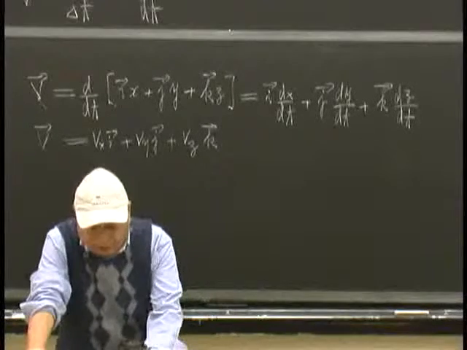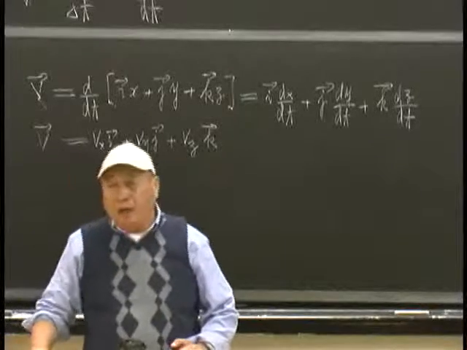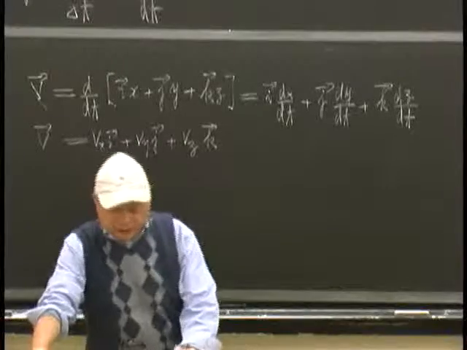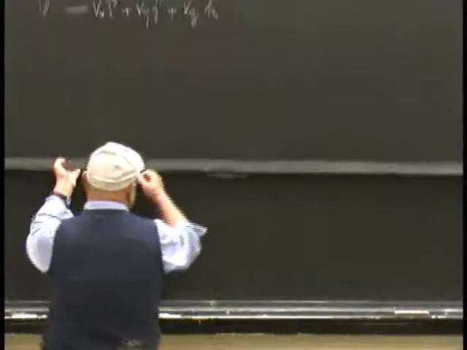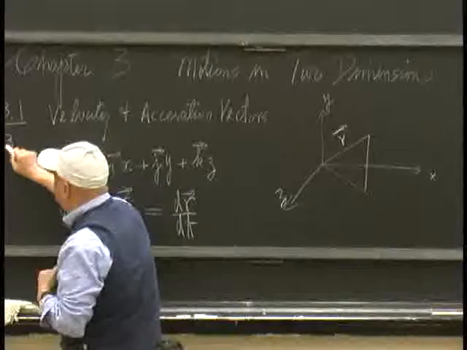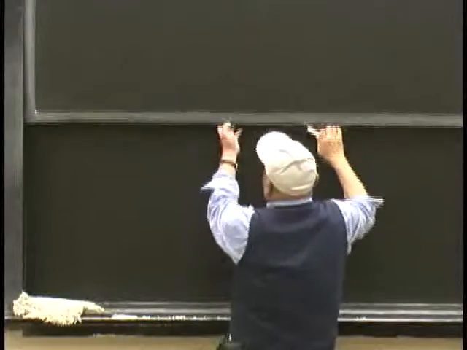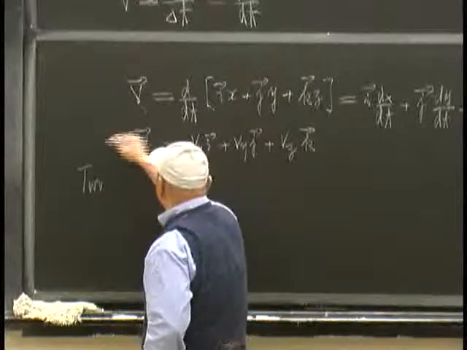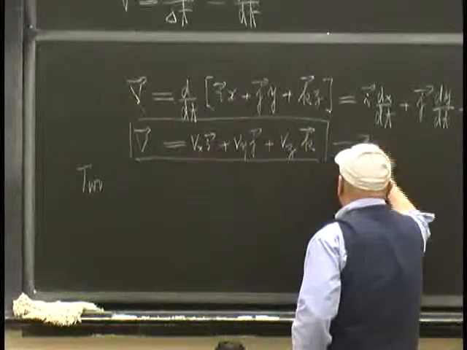So right away, if it's 2 dimensions, then you are only taking care of i and j. So that leads into section 3.2. That's 3 dimensions now, 3D.